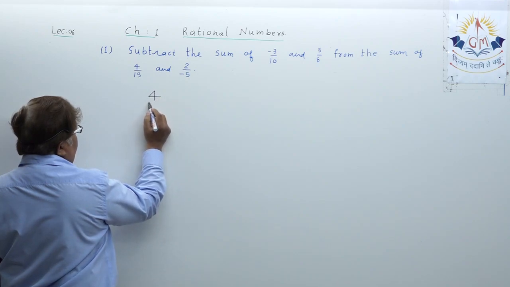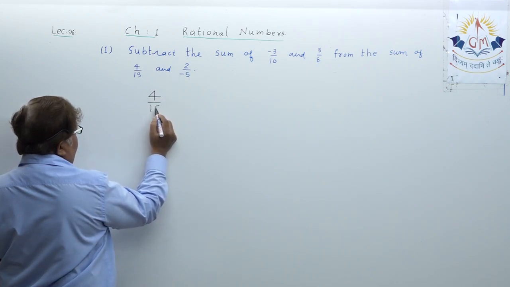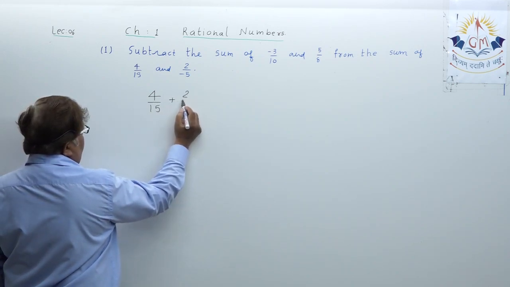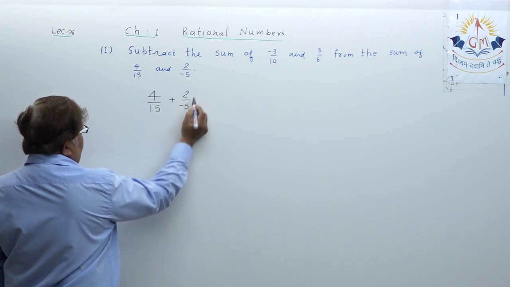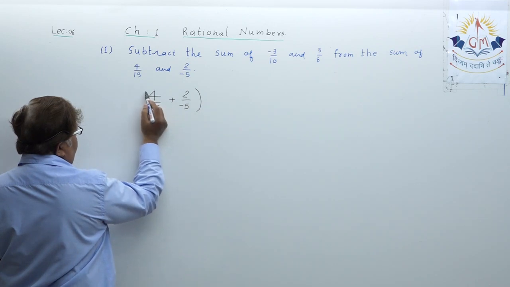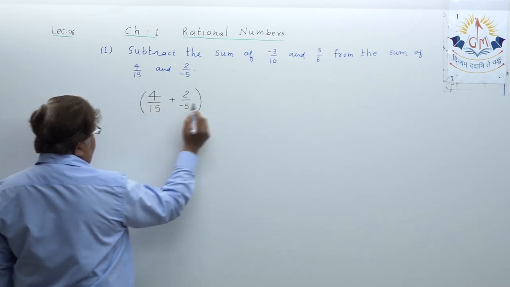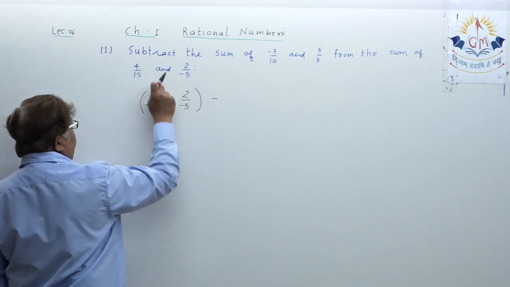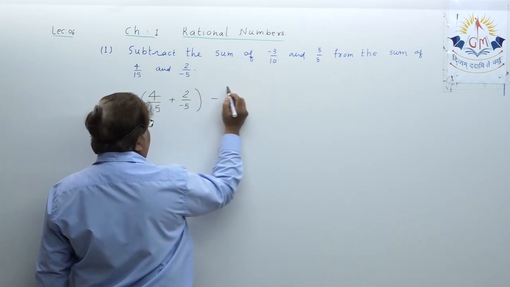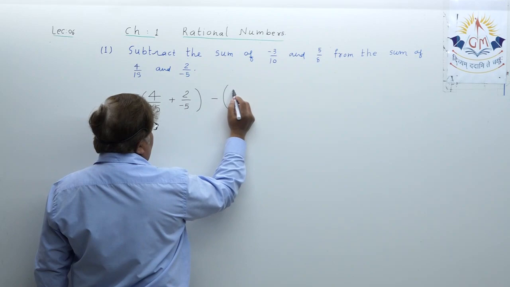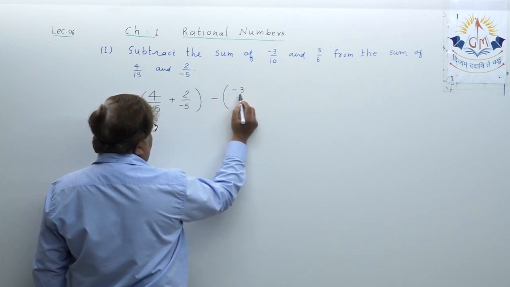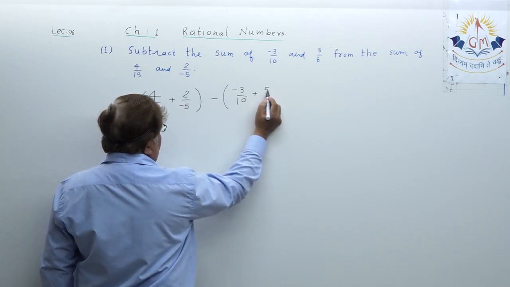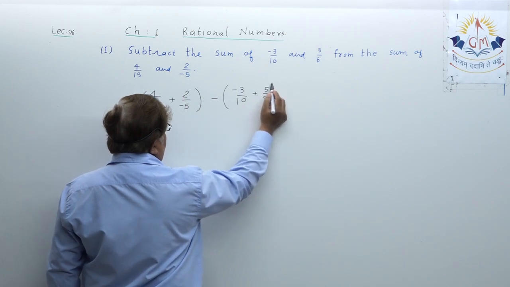First you write 4 upon 15 plus 2 upon minus 5. This is the sum of these two numbers. Please concentrate. Minus, because from the sum of these two, I have to subtract the sum of these two. So I will write this way: plus 5 upon 8.